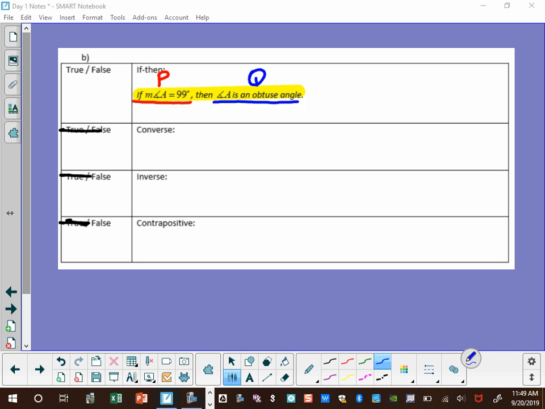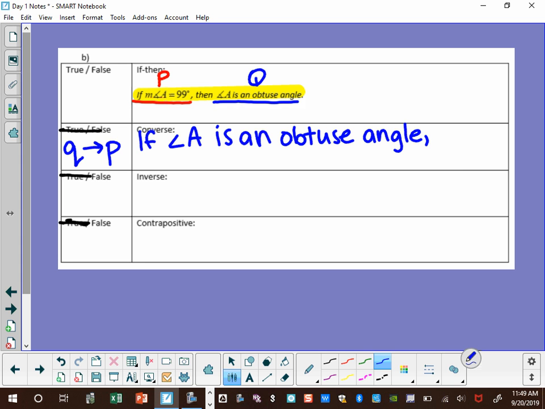All right, my converse. My converse is Q to P. Brian, what is my sentence going to say? What comes first? If angle A is an obtuse angle, then the measure of angle A, that's what it means if we have an M in front of the angle sign, the measure of angle A equals 99 degrees.